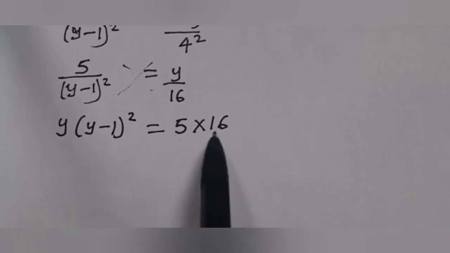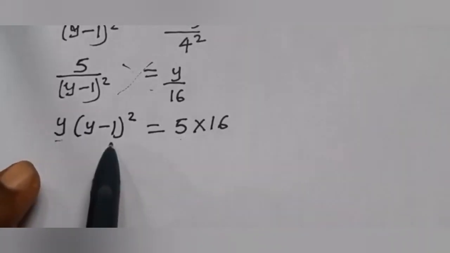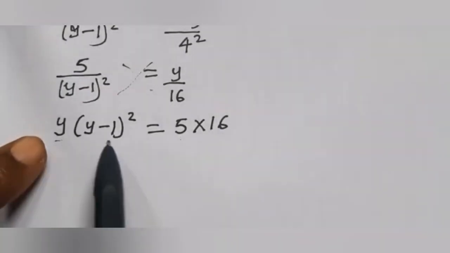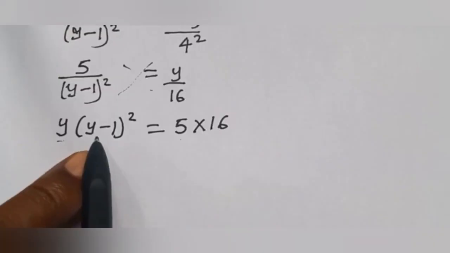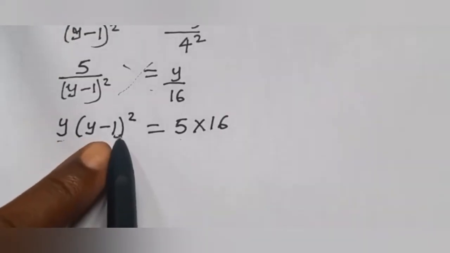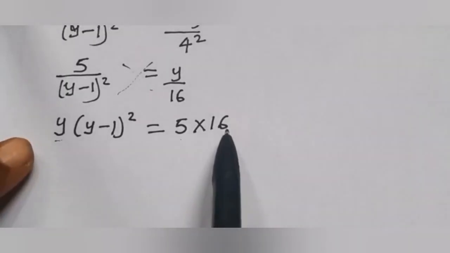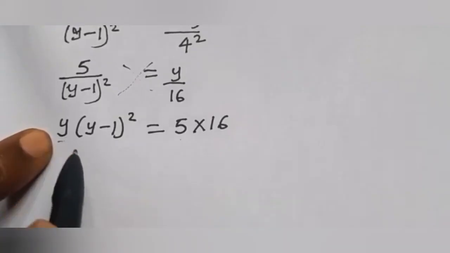Which one among these satisfies the left-hand side expression, starting with 5. If y equals 5, here 5 minus 1 we get 4, and 4 squared is 16. But it's quite different if we use y as 16 here. Obvious.